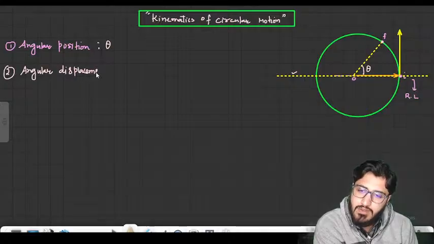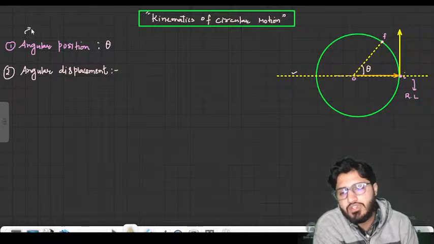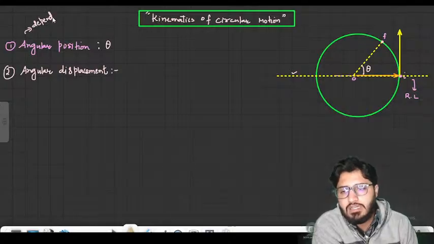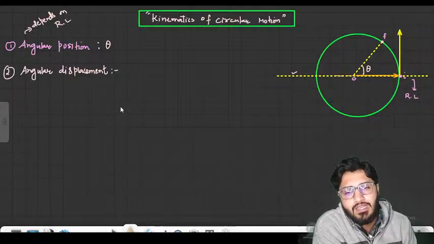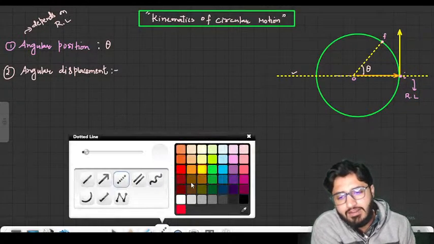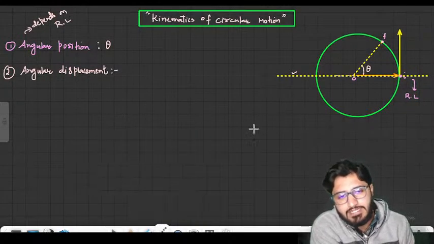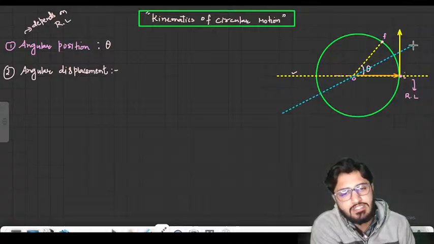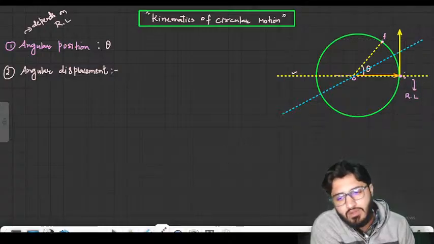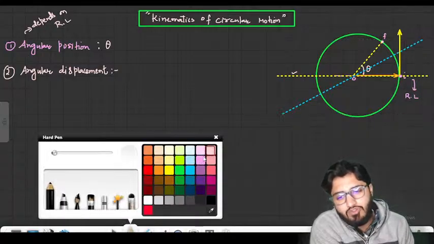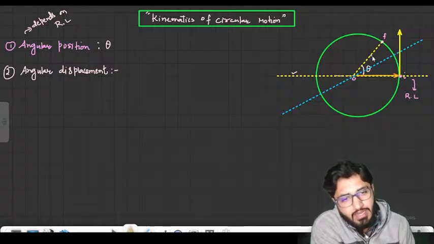One more thing you should be aware of: this angular position depends on the reference line. Why? Look now, if my reference line is different, let us suppose my reference line is this one, my angle theta would be different, theta dash.